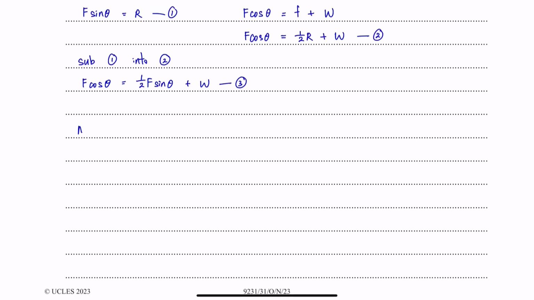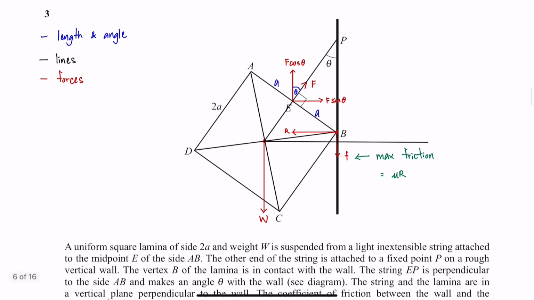So now we can consider our moment. For moment, we need to find the perpendicular distance from the force to the pivot. And we can take point B as our pivot because this is the point where the lamina and the wall are in contact.